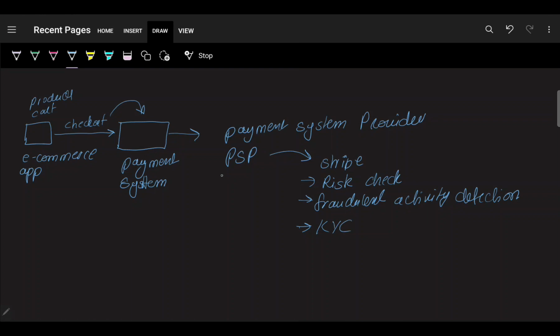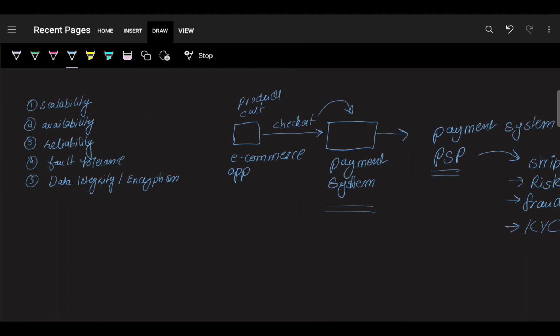But if you're using a PSP or a payment service provider, it's already taken care of. So all you need to worry about is how to integrate it within your application. But that is not the end of the story, because you have to deal with your payment events, and you might need to track your payments and store them in a viable format, and take care of some stuff around data integrity and a lot of factors that we have listed over here.